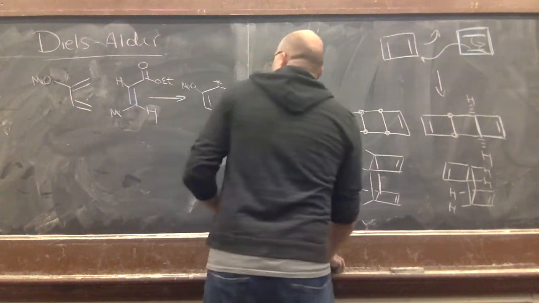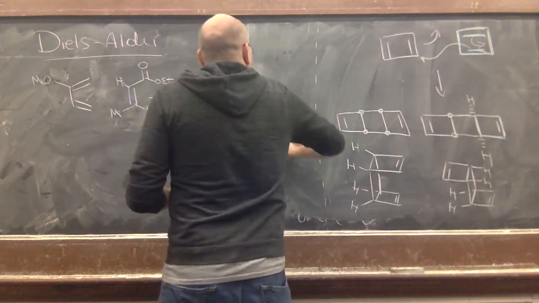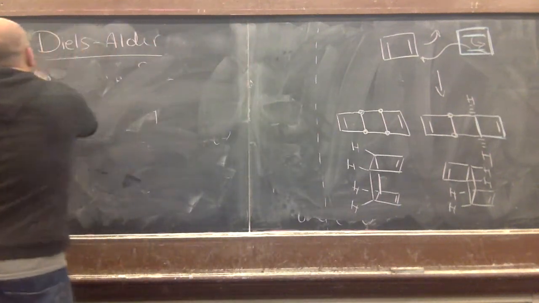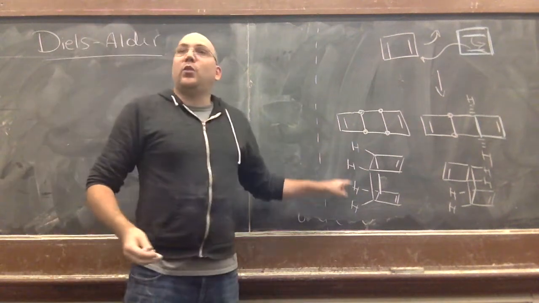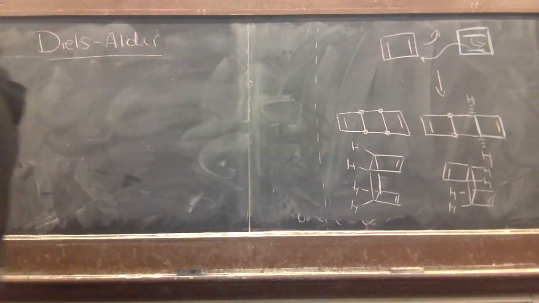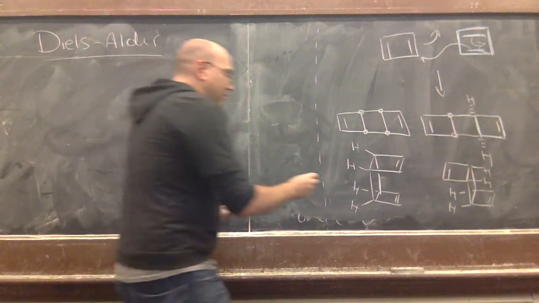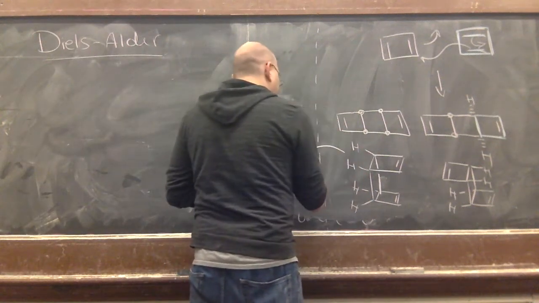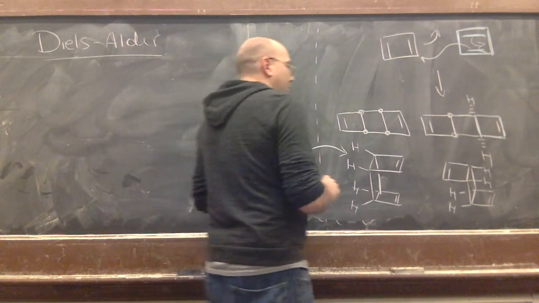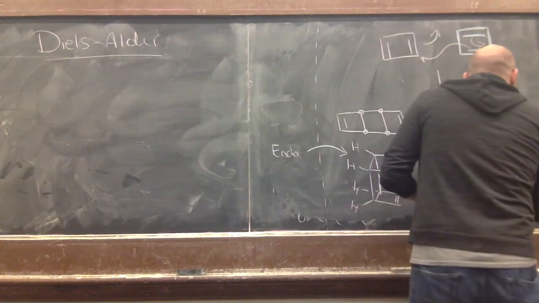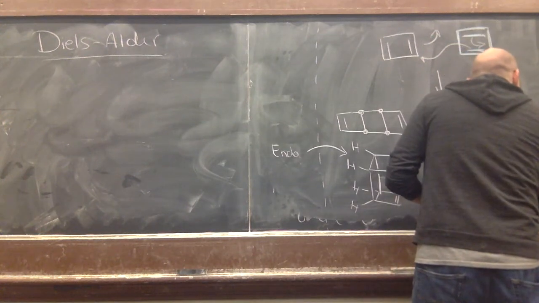These have names. Go back to this one. This one, where the 2 groups are on the same side, is referred to as endo. And these that are on the opposite side are what we would consider exo.